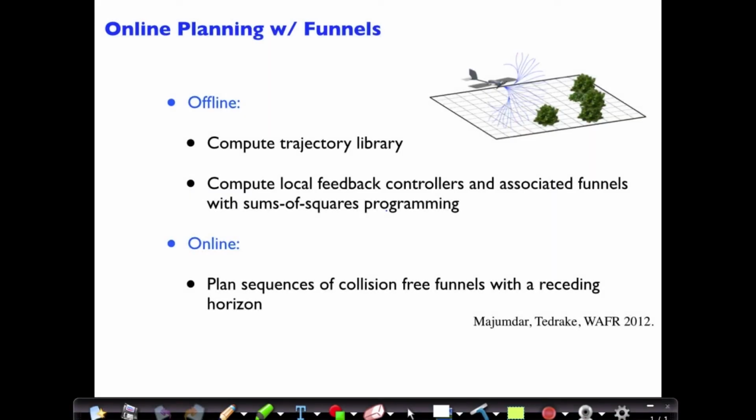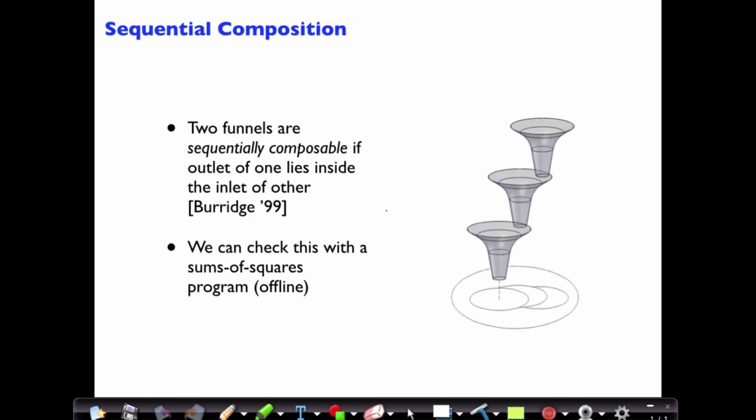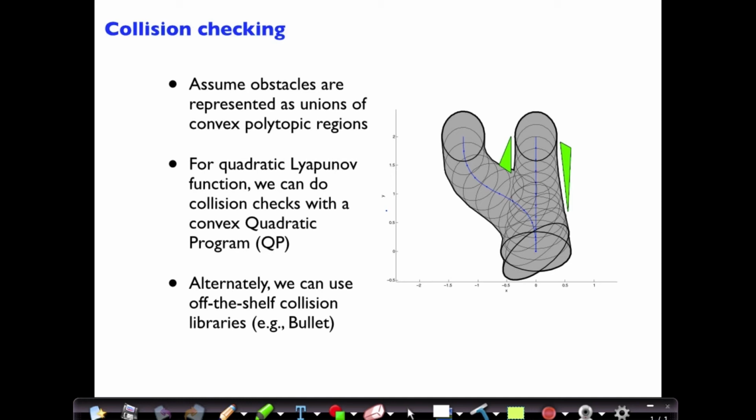And that's another thing that Ani's been pushing on really nicely, this notion of using libraries of funnels to do online motion planning. And I'll just show you some of his quick success stories here. You can pre-compute libraries of funnels. So if you're an airplane, maybe you have a funnel for flying straight, a funnel for bank turning, a funnel for bank turning the other way, maybe some small library of funnels.